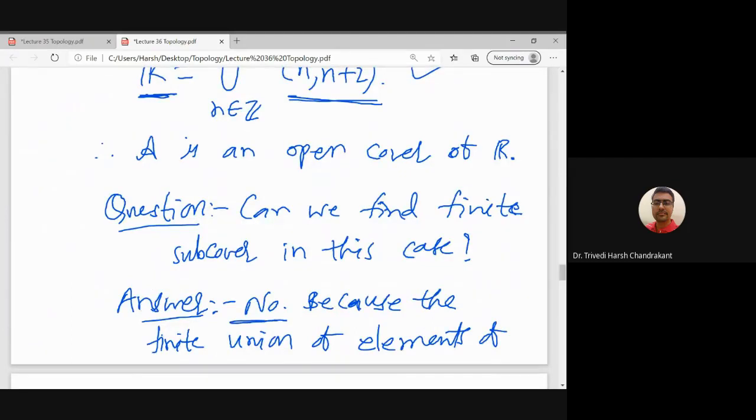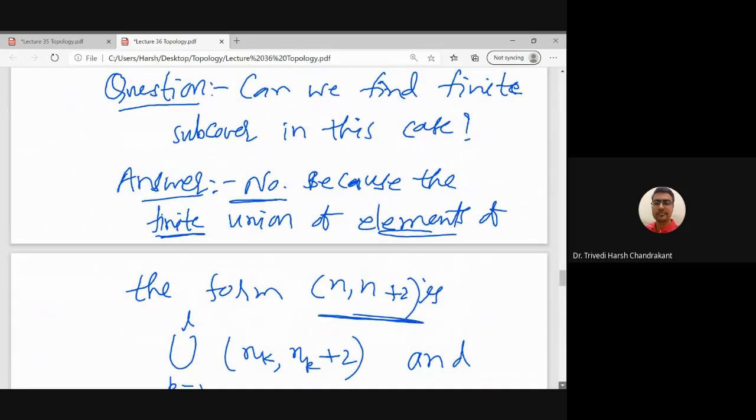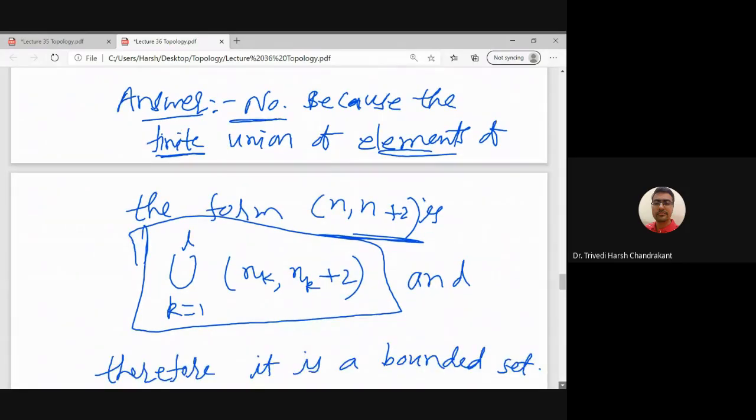The answer is no, we cannot, because if we take a finite union of intervals of this form, where n1, n2, ..., nk are some integers, then taking the maximum of these numbers, we can see that the union is bounded above by the maximum of n1, ..., nk plus 2, and bounded below by the minimum of n1, ..., nk.